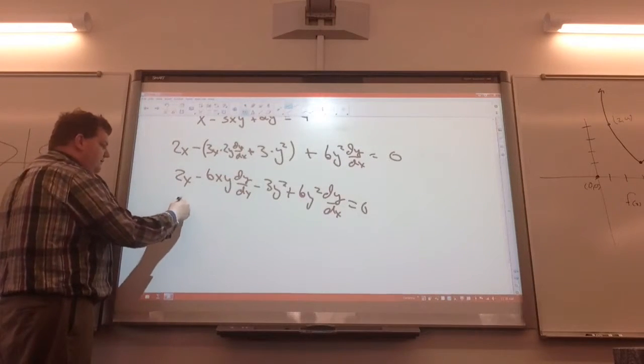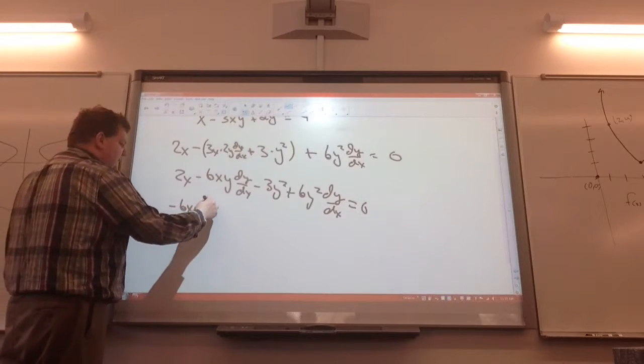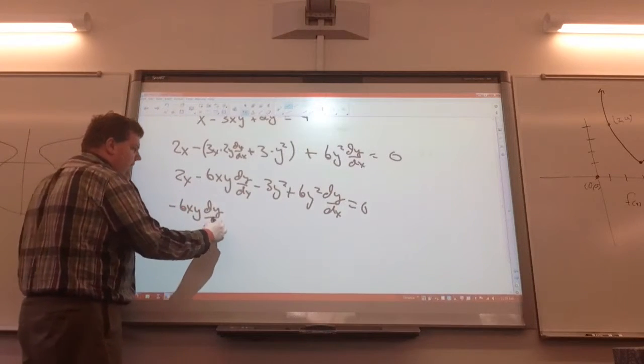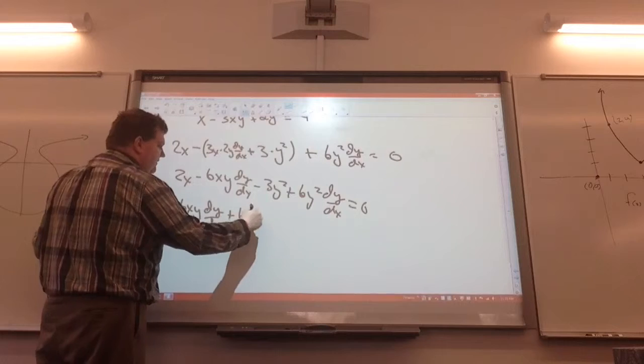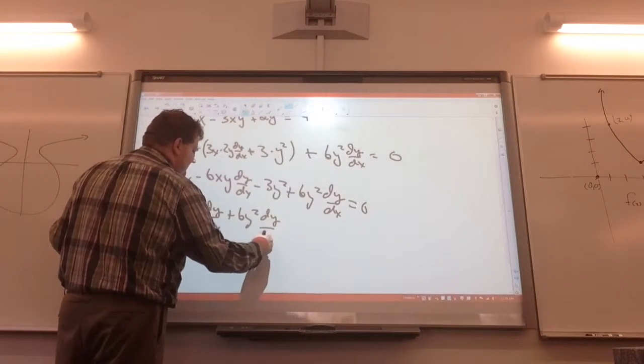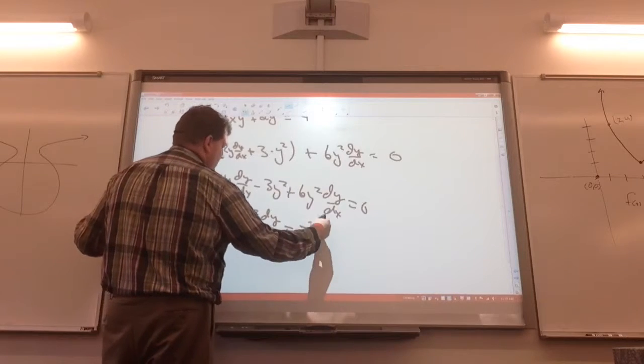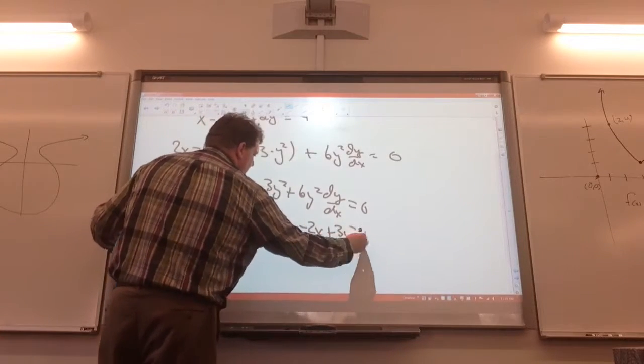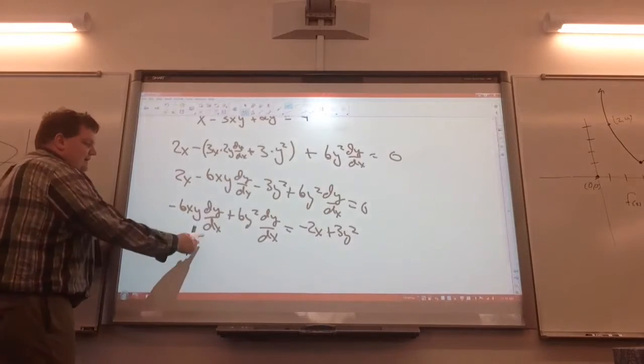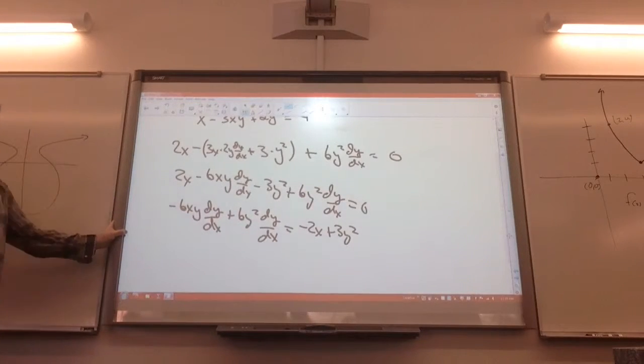This is minus 6xy dy by dx plus 6y squared dy by dx is equal to minus 2x plus 3y squared, okay? I could factor dy by dx out there, right?